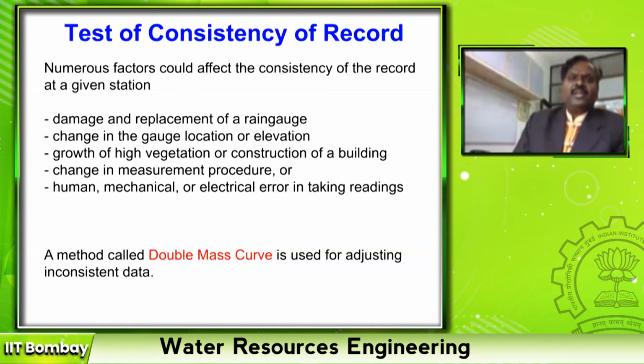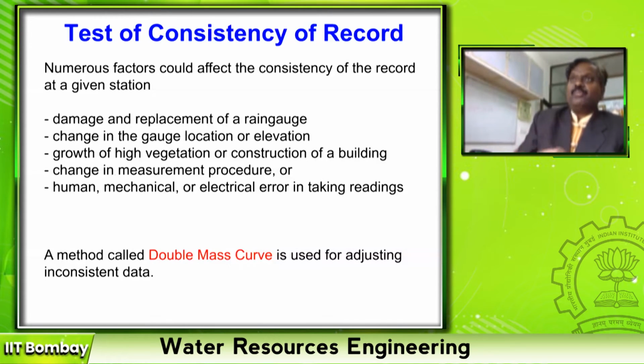So there may be a lot of human, mechanical or electrical errors, but in this consistency check we assume only the first 4 errors. How do we check whether the measured data of one particular station is inconsistent with all other stations? That means you want to compare the mass of water measured at one location with the mass of water measured at other locations.